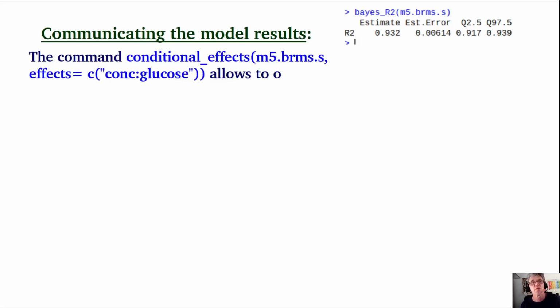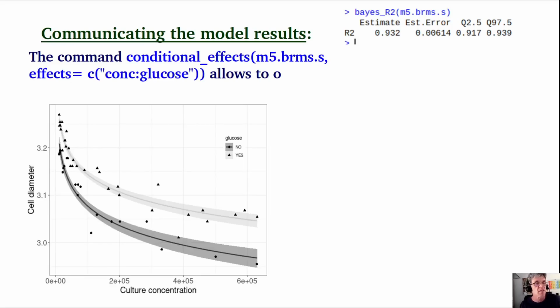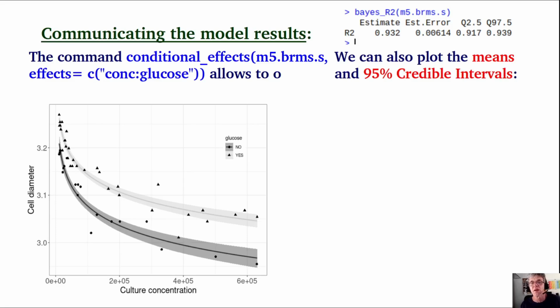To communicate the results, we first notice that the model explains a very large proportion of the variation of the response variable, 93.2%, with a 95% credible interval ranging from 91.7 to 93.9, which is extremely precise. So we obtain the curves relating the cell diameter against the culture concentration, and we obtain the expected results: two roughly parallel curves between the two levels of glucose.